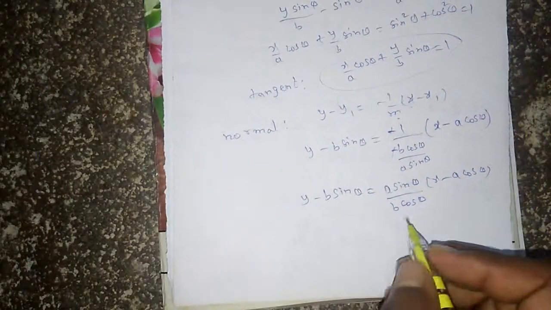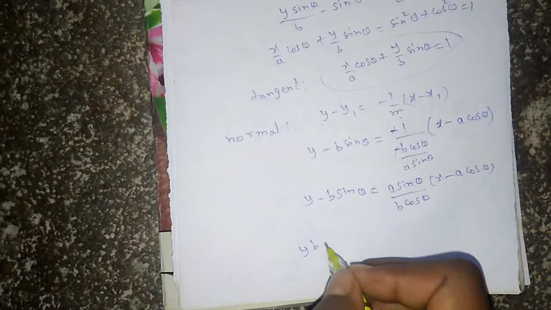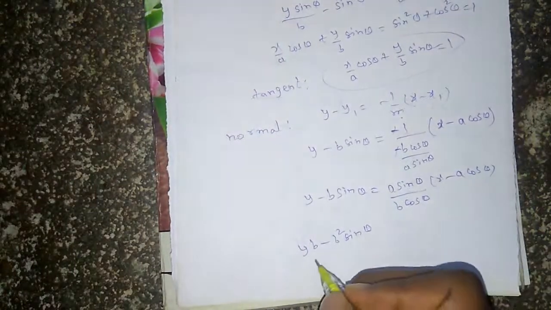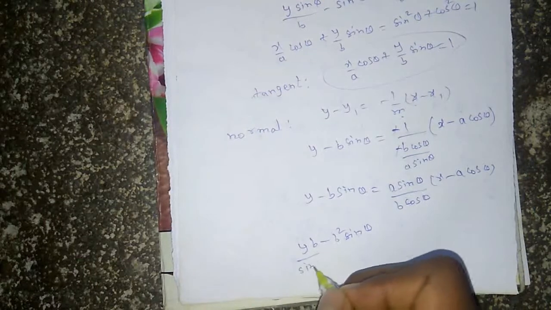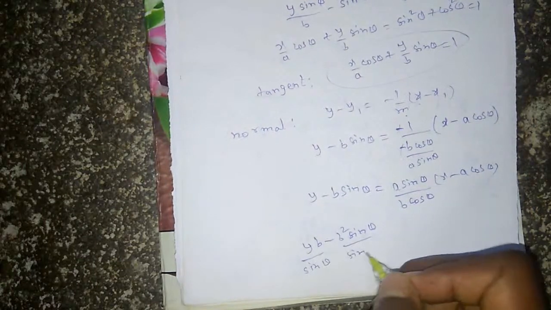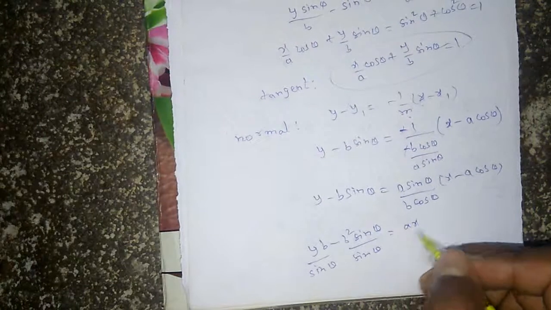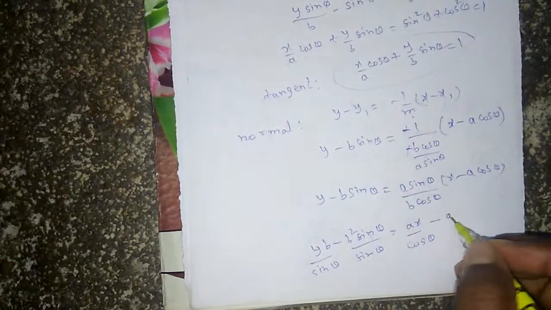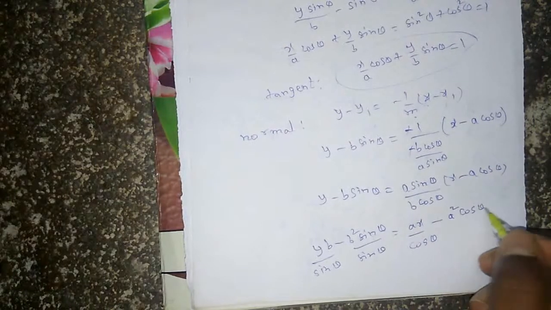This is equal to, so here multiply by b, yb minus b square sin theta, then divide by sin theta, by sin theta by sin theta. Here ax by cos theta minus a square cos theta by cos theta.